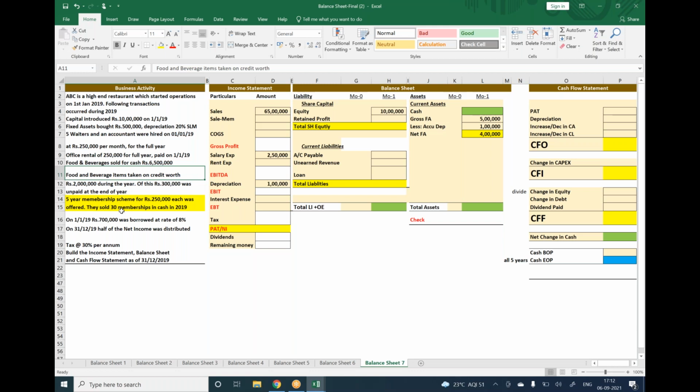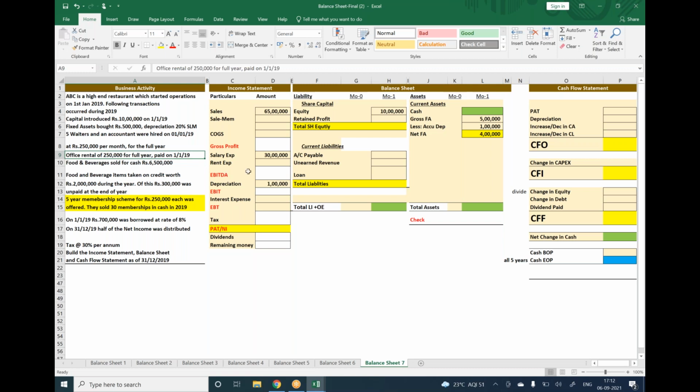Food and beverage items taken on credit worth 2 lakhs during the year. Yes, so it will be into 12. Very good. Thanks for observing it. It will be into 12 because it says 2.5 lakh per month. Obviously.